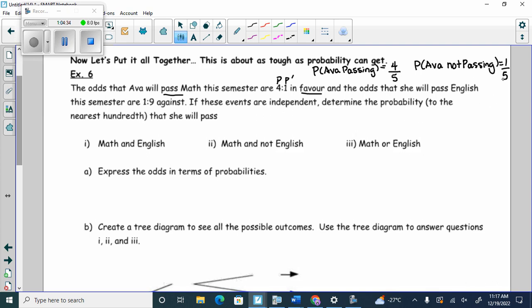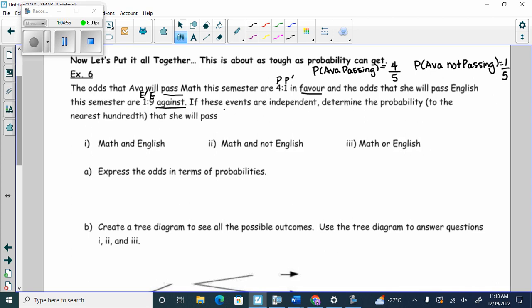Okay, the next one says the odds that she will pass English are this much against. So which one is passing English? The 1 or the 9? The 9, because it says against. Passing English against. So this would be English and my complement would come first.